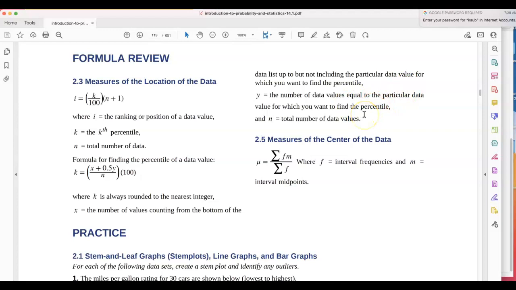In this case, it would be 17, right? So you would work this out with X and Y, and then that would give you the percentile. Now you always want to round that one to the nearest integer when you get it. So it's going to give you a decimal, but you're going to round it to the nearest integer.